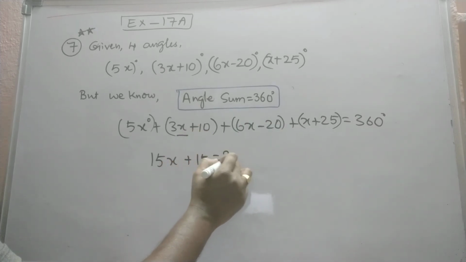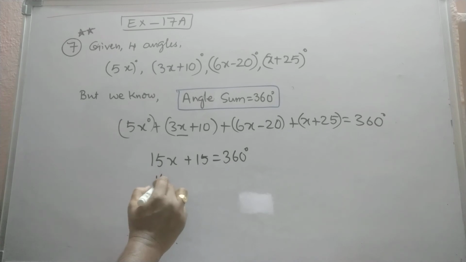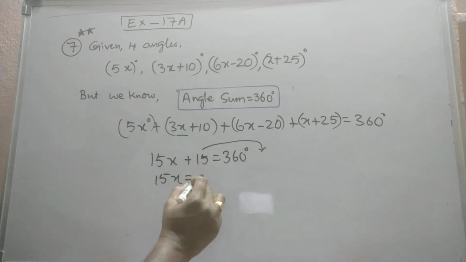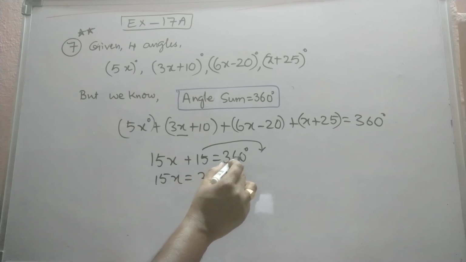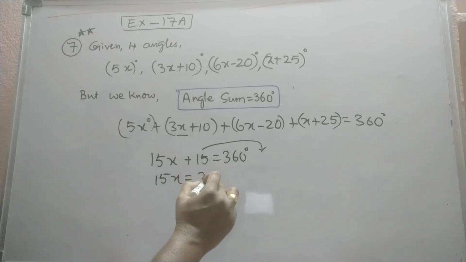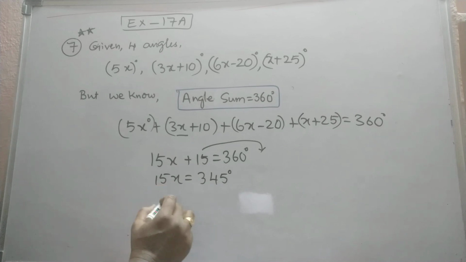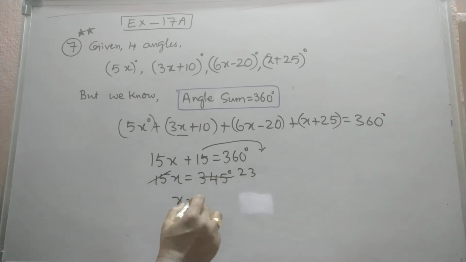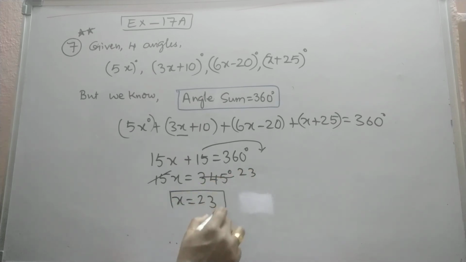So that is equal to 360 degrees. So 15x is equal to, if you subtract 15 from the right side after transposing, we get 360 minus 15, which is 345. So x is equal to 345 divided by 15; 15 2s are 30, 15 3s are 45. So 23 degrees. We get x value as 23 degrees.